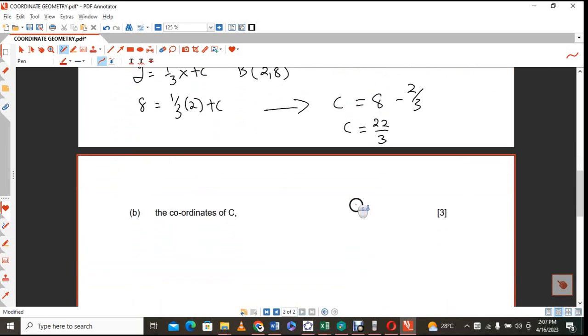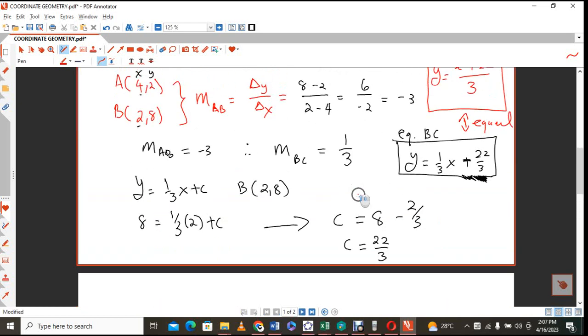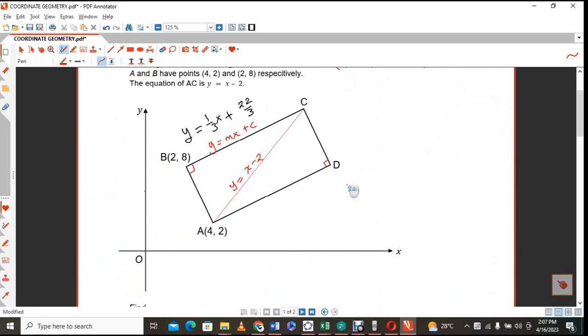Now for part B, they say we must find the coordinate of C, and here is where you now need to know. To find the coordinate of C, we need to find what is the x value. So the coordinates of C, if you were to write them down, we want to know what is the x value and what would be the y value.